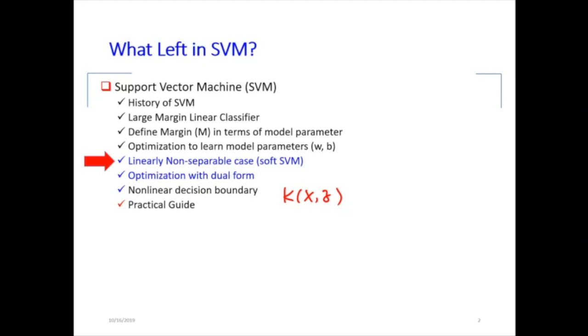Today, I'm going to focus mainly on the linearly non-separable case, which you can call a soft SVM. What we covered before is called a hard SVM because we assume the data can be completely separated into two classes without making any error.